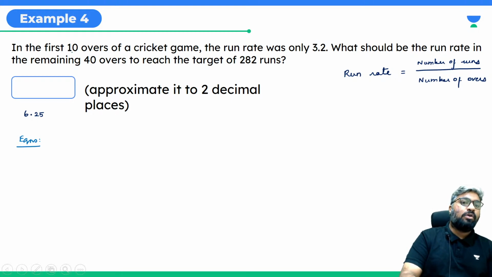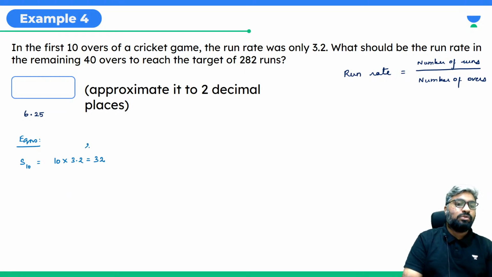So first 10 overs, average is 3.2. So the sum of runs in first 10 overs will be what? Number of overs into the average, that is 32 runs. They want the total to be 282 runs. So out of 282, if 32 they scored in the first 10, that means remaining 250 runs, they have to make it in remaining 40 overs.